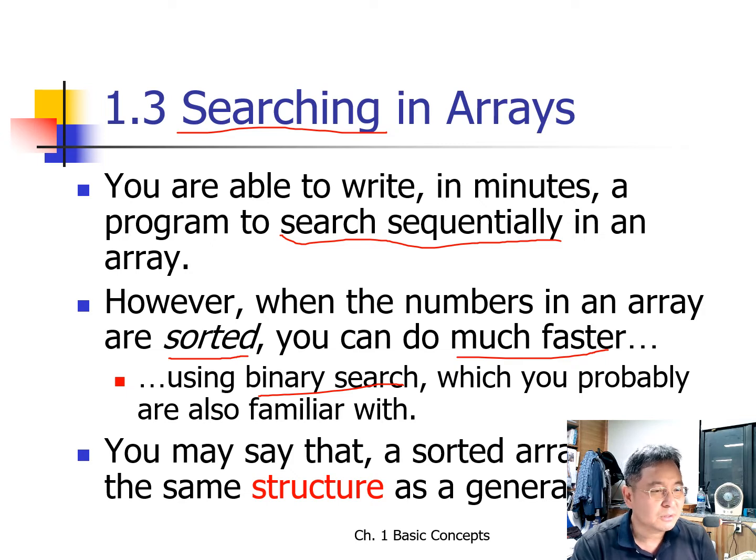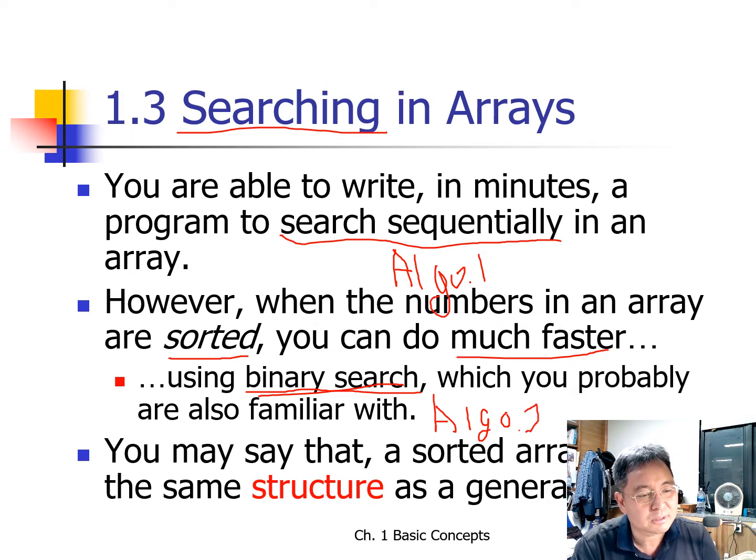So sequential search is algorithm 1, and binary search is algorithm 2. Which algorithm is better, or more efficient? That means, which algorithm executes faster?